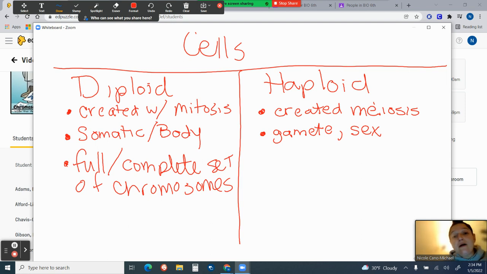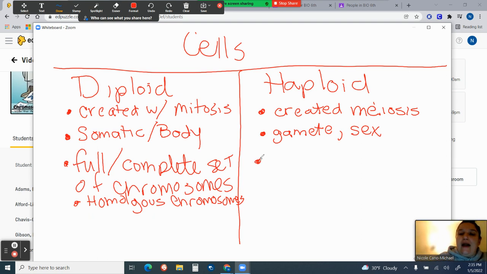It is a full and complete set of chromosomes. Now remember, these chromosomes are kind of like doing laundry. Yes, you got half from mom, yes, you got half from dad, and then they all get jumbled together, but just like when you wash your socks, they have to get matched up. Diploid cells have what we call homologous chromosomes, which means that the full set doesn't just float around randomly. They pair up. They have a partner, if you will. One came from mom, one came from dad, and they partner up.